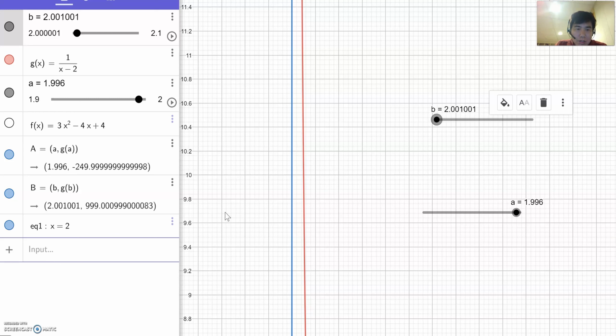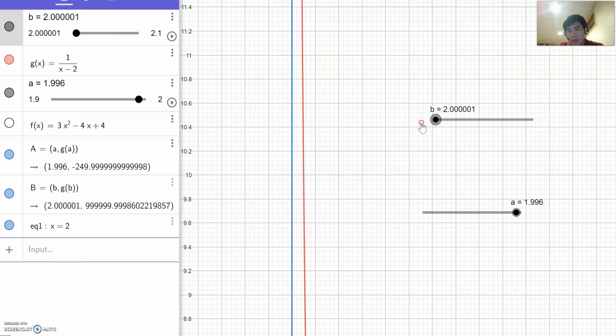Then what about here? 999. And then, wow, this is 999,999.999 like that. So it's totally infinity. Compare this value: when it was exactly 2.1, we began with 10.